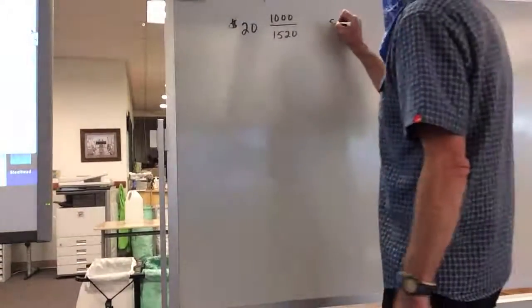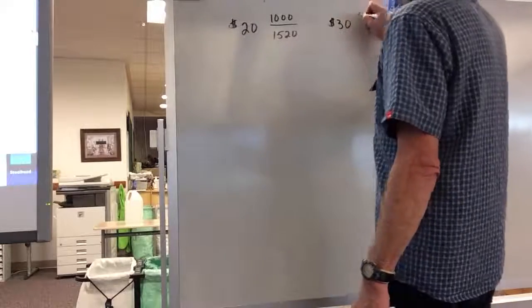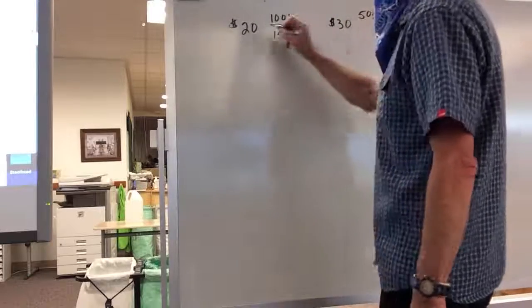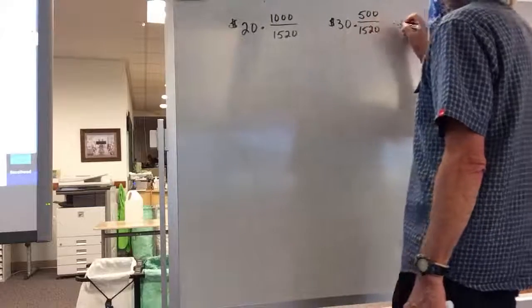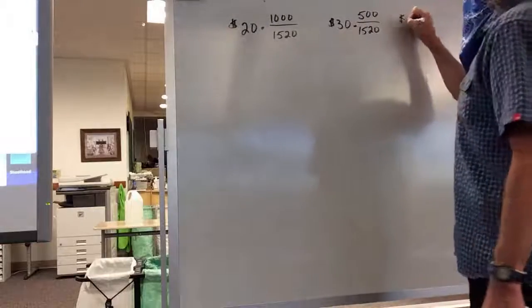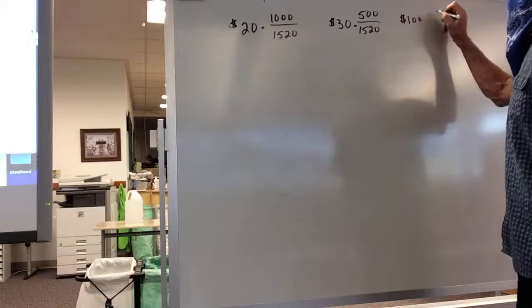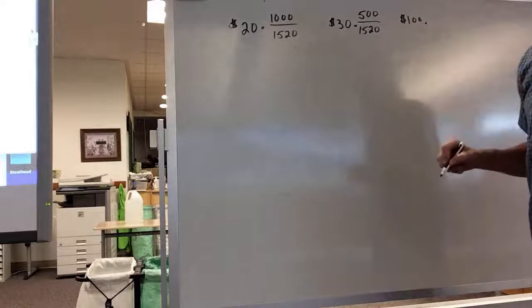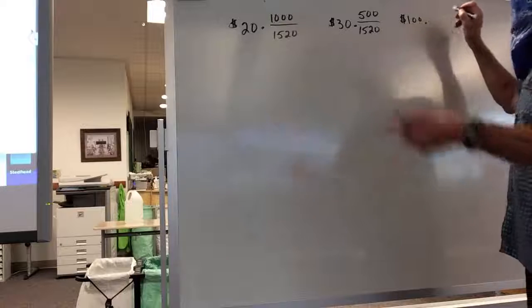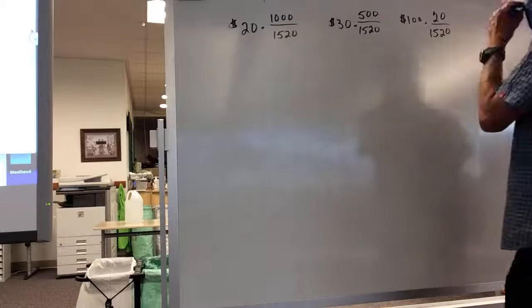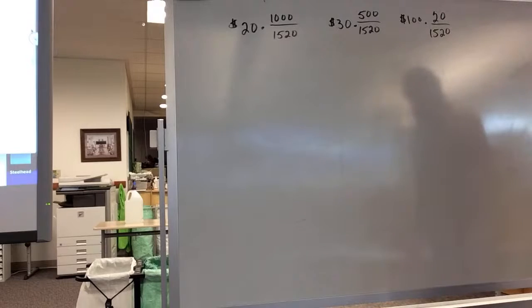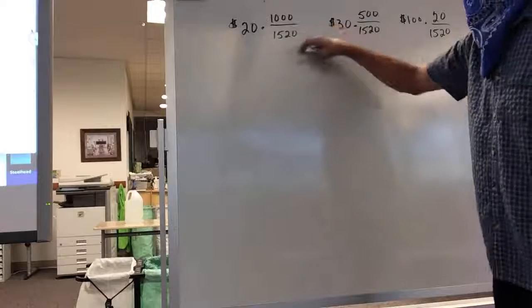The $30 tickets, there are 500 out of 1,520. And then the $100 tickets, how many are there? 20. There's 20 out of the 1,520. So this is the relative frequency.